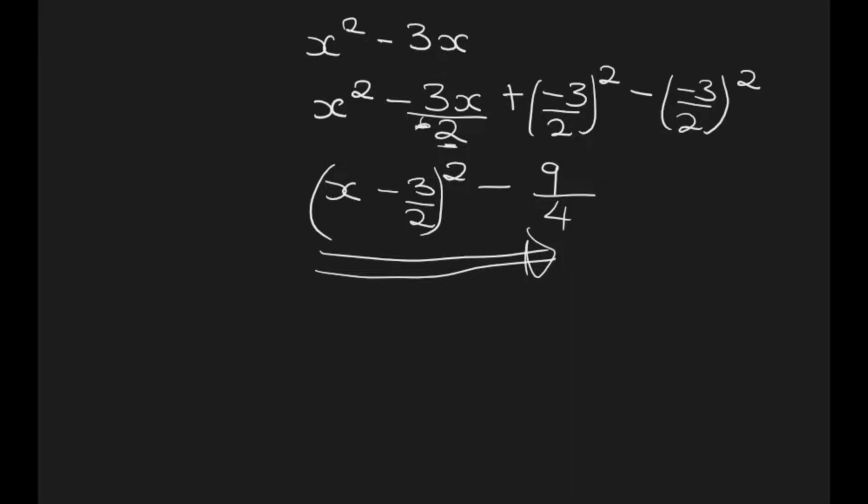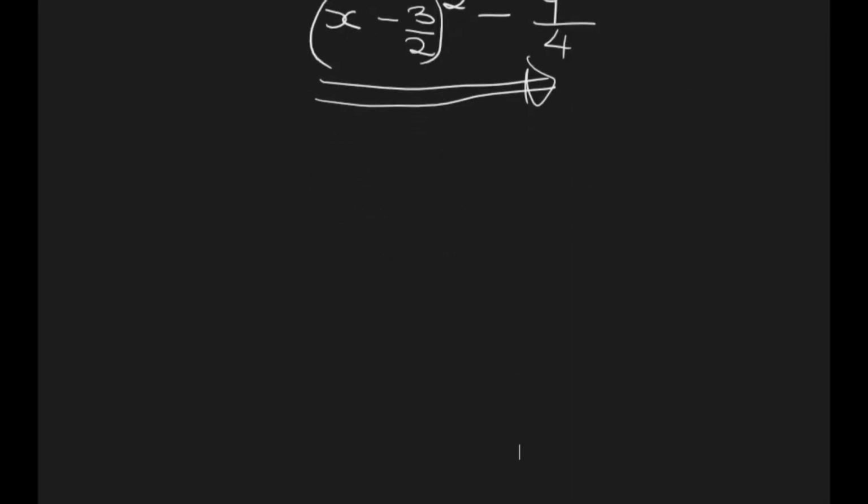Nice. Let's move on to the next question, which is a little bit different from these two. Okay, so we are given the expression 3x squared plus 6x plus 1.